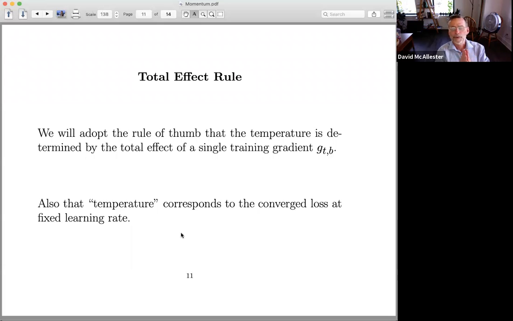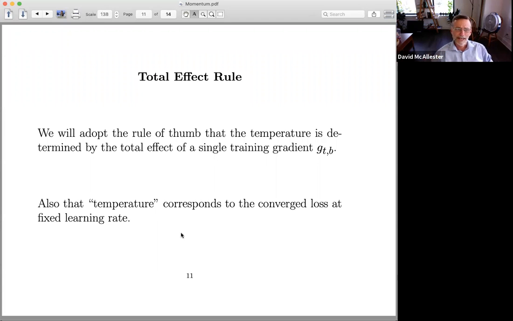So I'm going to analyze this more carefully and somewhat more rigorously. I'm going to adopt this rule of thumb that what really determines the temperature is the effect of any one training example, an XY pair, on the parameter. How much does this training point change the parameter? If we were doing batch size 1, that would just be the learning rate times the gradient of that training point.